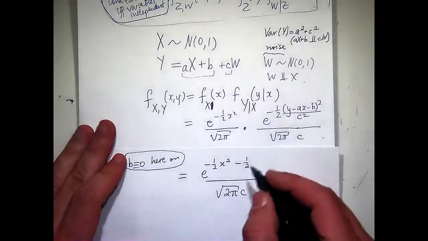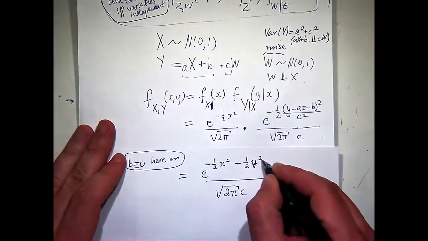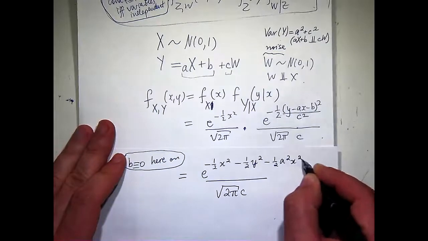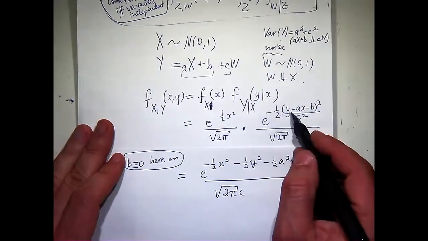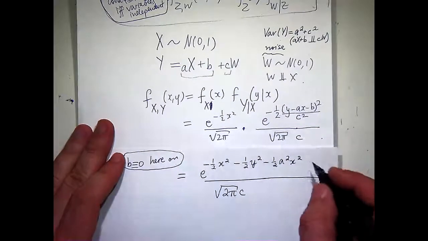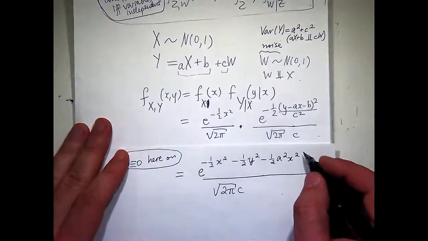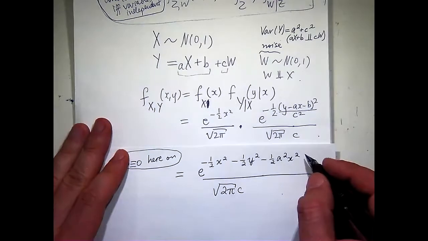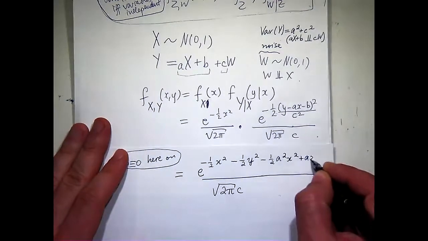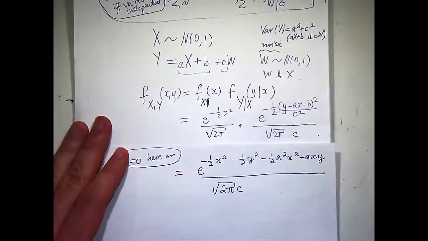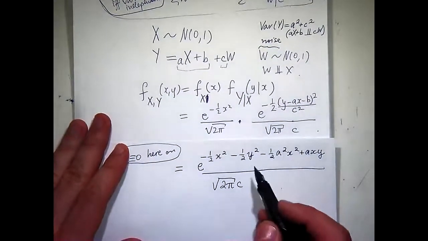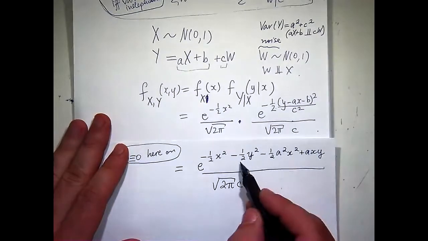So then all I'm getting is minus 1/2 y squared minus 1/2 a squared x squared, and then I get the plus 2axy term with a 1/2 there. So that will be plus axy, and there's a c squared.